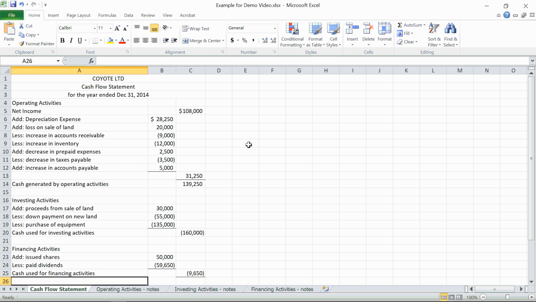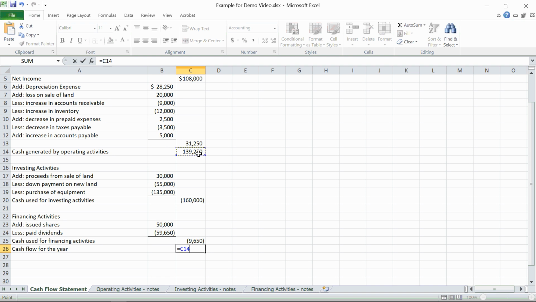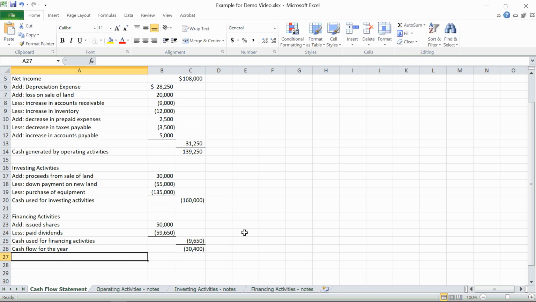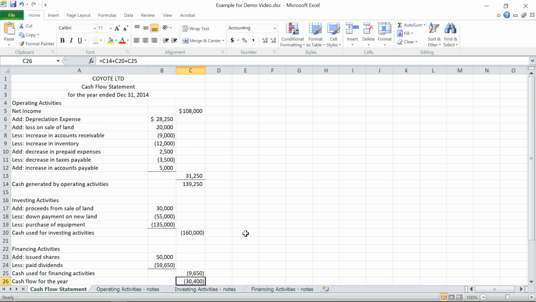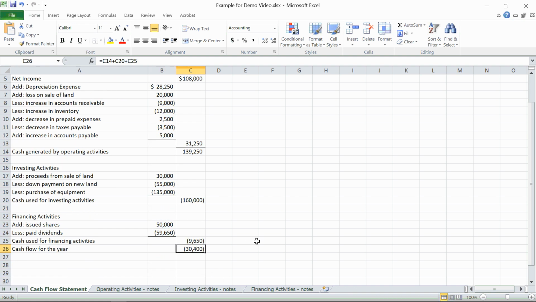So the balancing procedure, to know if you've done this right, is first to calculate cash flow for the year by adding together my operating plus my investing plus my financing. And I get a negative number telling me that according to everything I've done here, cash should have decreased by 30,400.